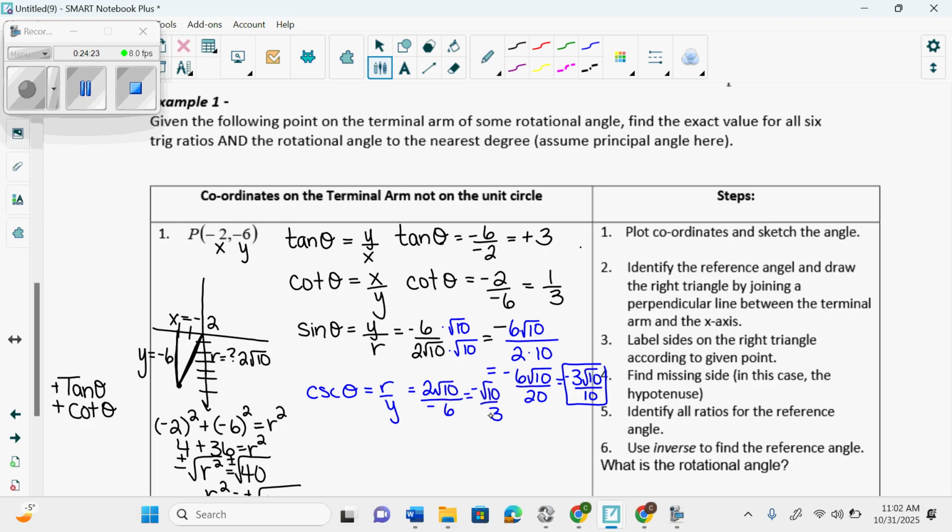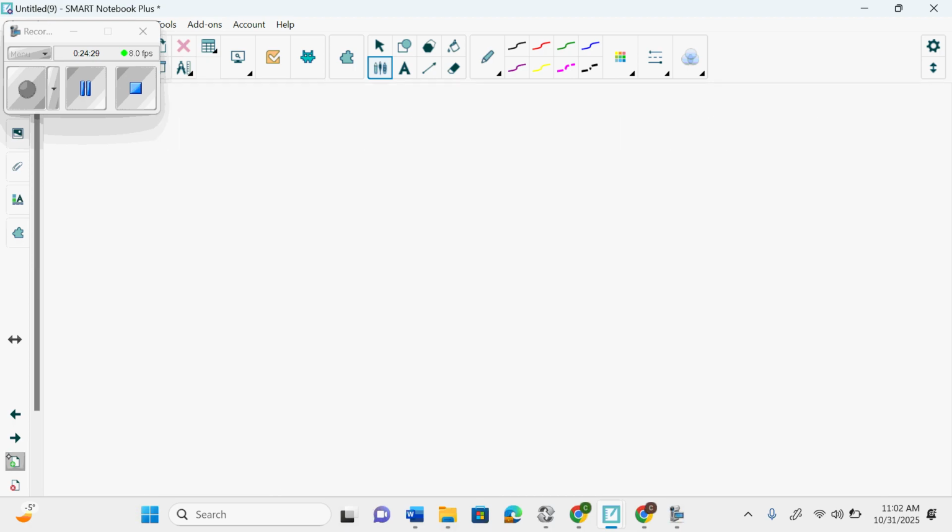Now, understanding, again, okay? Paying attention? I'll come back. Negative root 10 over 3. We agree? That's what the answer was. Everyone agrees? But they don't give the sign there.